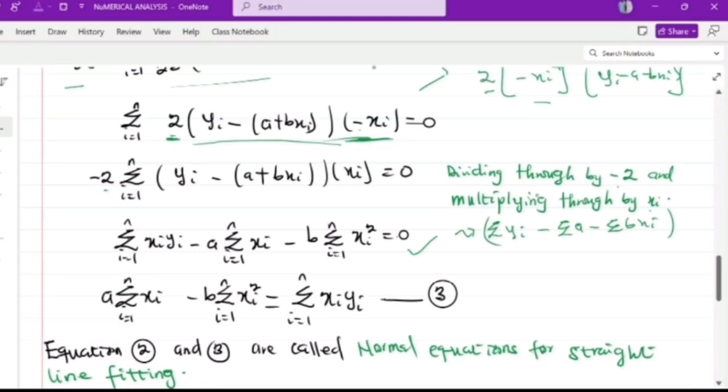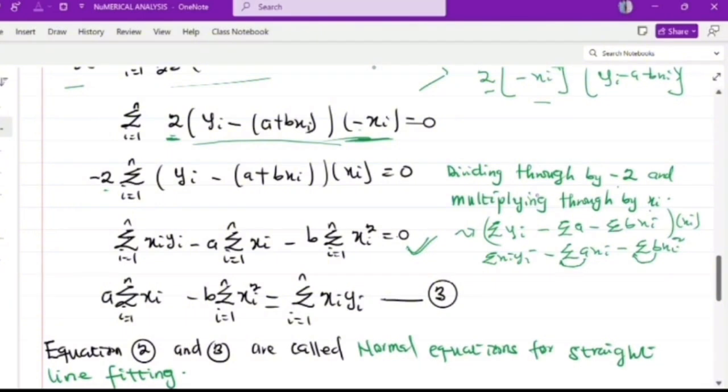Then the xi you're multiplying. So when I'm multiplying by the xi, I'll get summation of xi yi minus the summation of a xi minus summation of b xi squared. You get it? So here a is constant, I can bring it out. B is constant, I can bring it out. So at the end, I'm going to end up getting this equation.